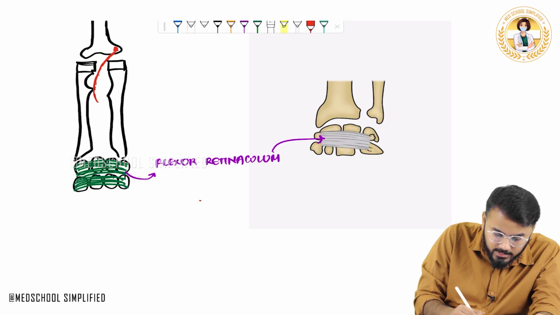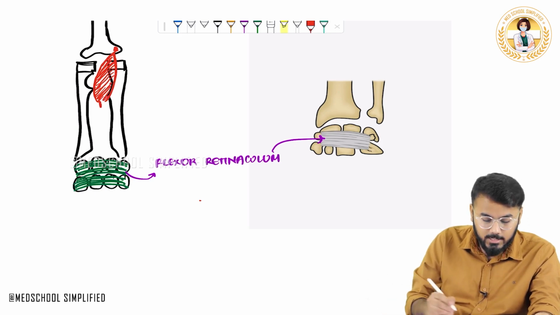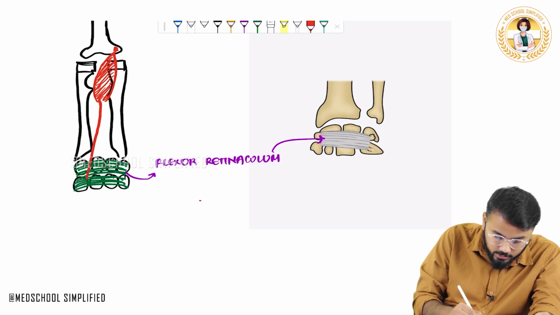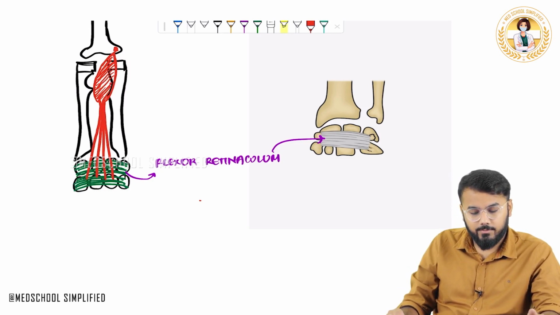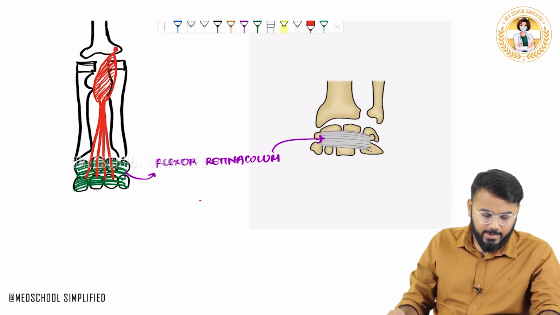By the way, this muscle has a very short belly like this, and very long tendons, and these tendons attach to the flexor retinaculum like this.